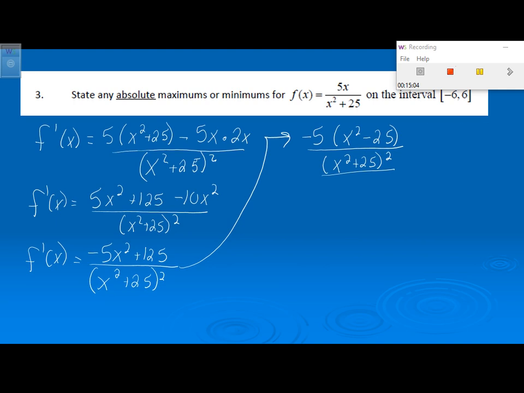But the numerator can. I'm going to gain critical numbers of 5 and negative 5 from the numerator. So I said x squared minus 25 equal to 0. Well, now what I need to do is find f of 5, f of negative 5, f of negative 6, and f of 6, my endpoints.